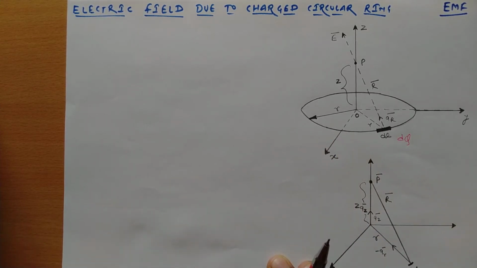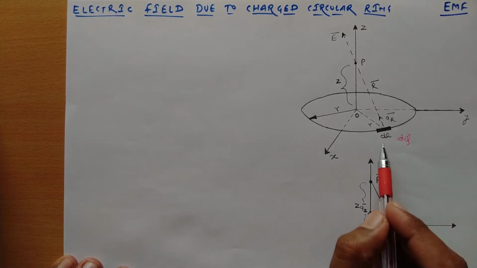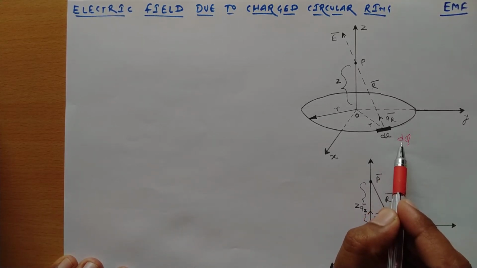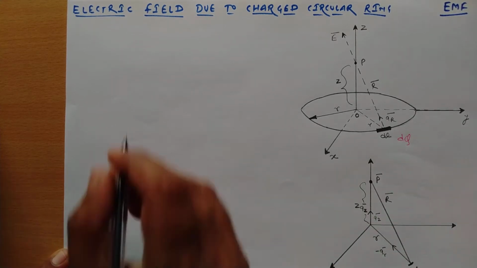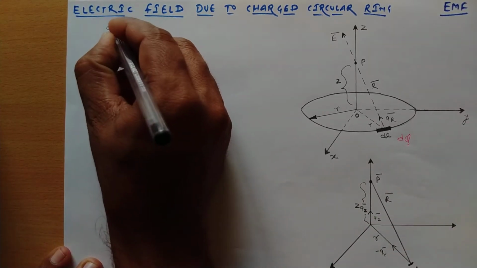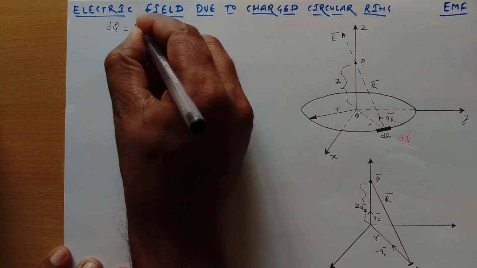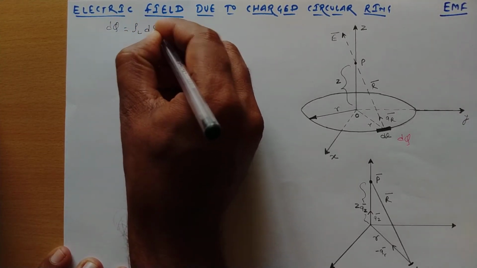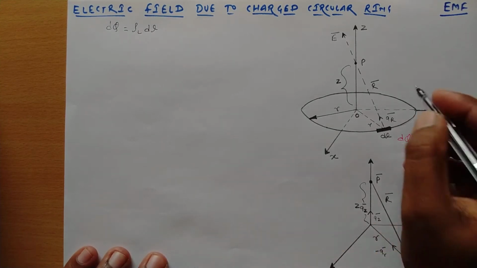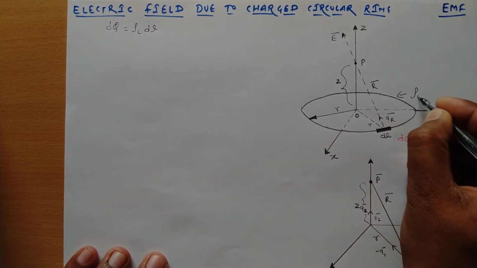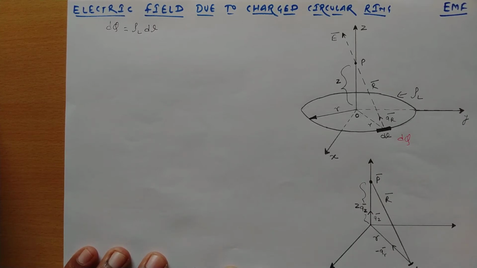So if this differential length carries the charge dq, we can say dq will be given as rho l into dl. So this entire ring carries the line charge rho l into dl.